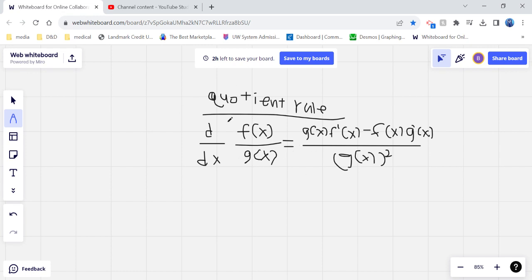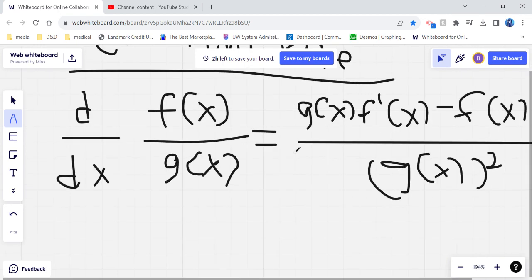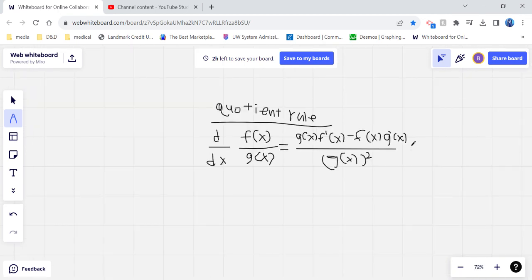Now, again, I don't really know the actual proof and derivation of this rule. I just know what it is. If that's something you're interested in, you could probably find a YouTube video on that. I'm sure there are plenty of sources out there on the proof of this.